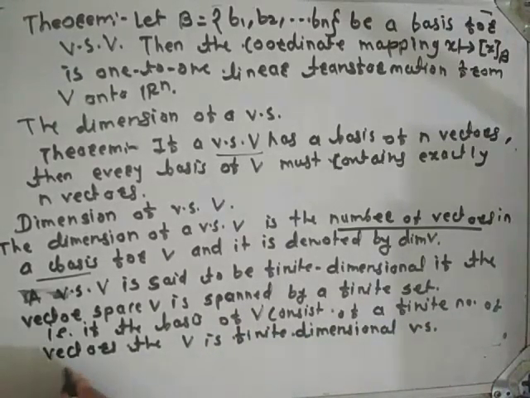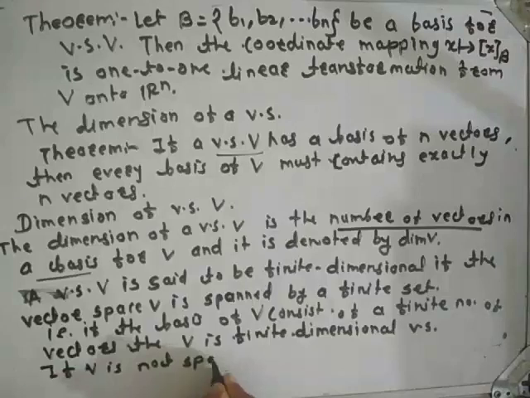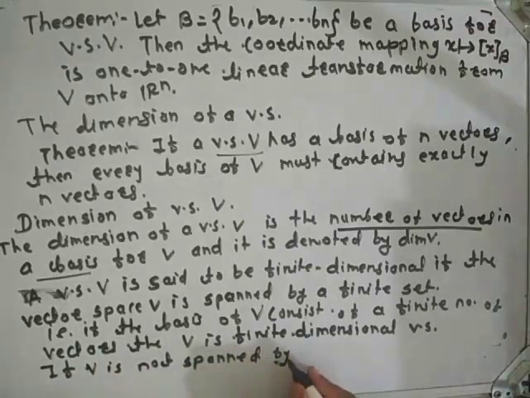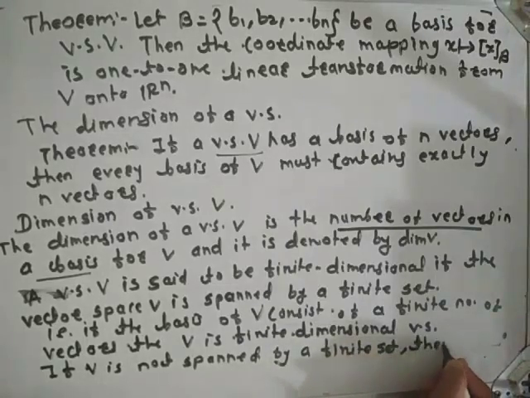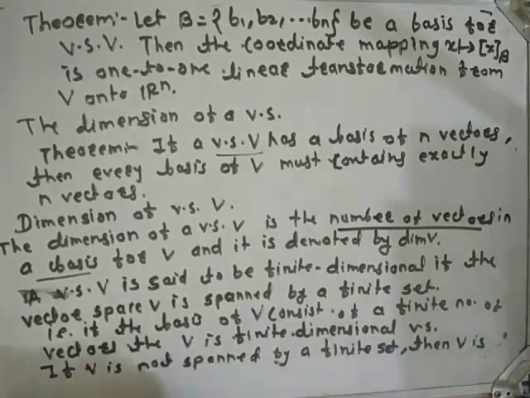Okay. If V is not spanned by a finite set, then V is said to be an infinite dimensional vector space. If V is spanned by a finite set, then V is finite dimensional. If V is not spanned by a finite set, then V is said to be infinite dimensional.